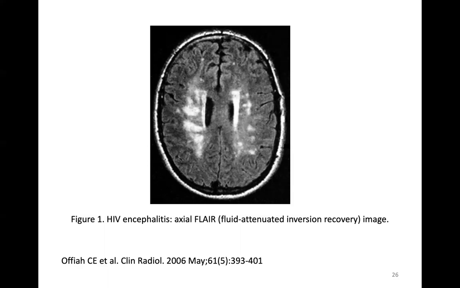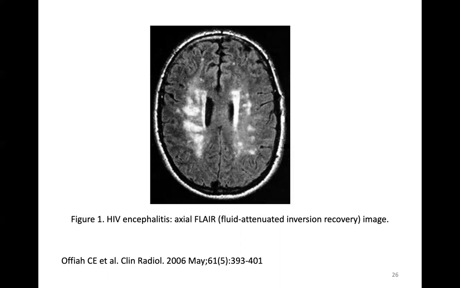So usually the clinical symptoms are the ones that will lead you to HIV dementia or other infectious conditions, because here you mainly have cognitive impairment and behavioral dysfunction. That will also lead you to think, am I dealing with HIV encephalitis or PML, which may be reactivation of JC virus?